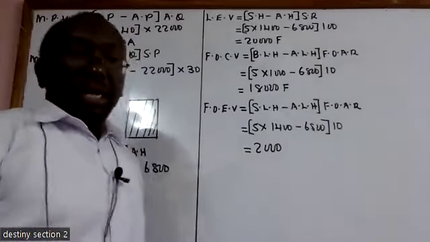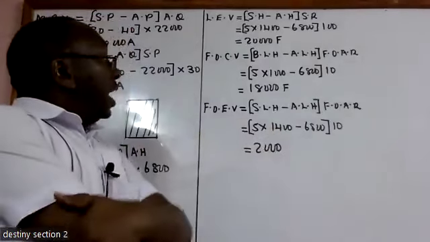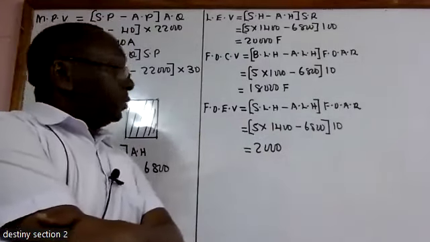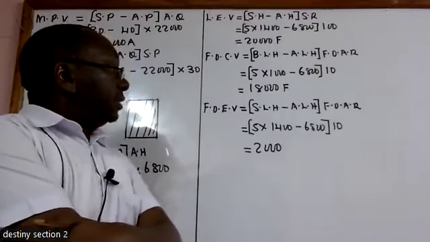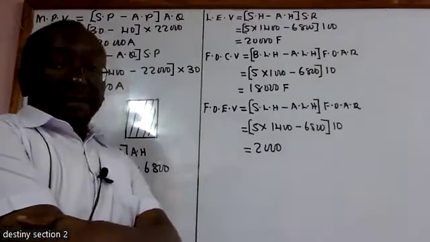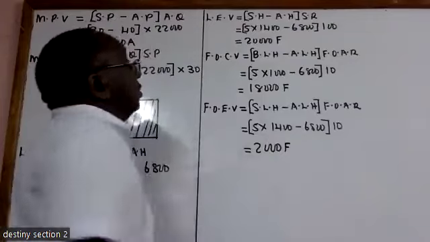And you see here, we were supposed to have used 7,000, but we used less. So that one is favorable.